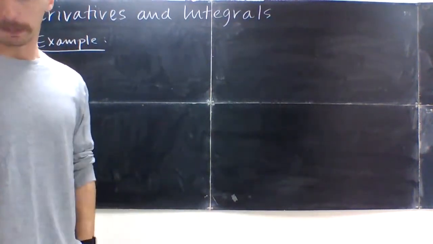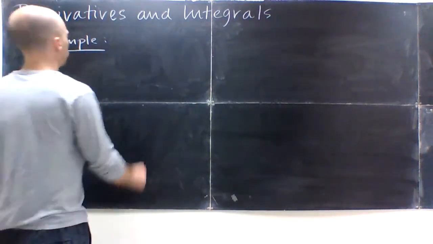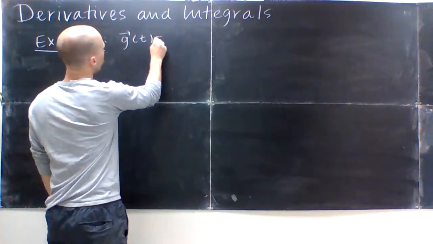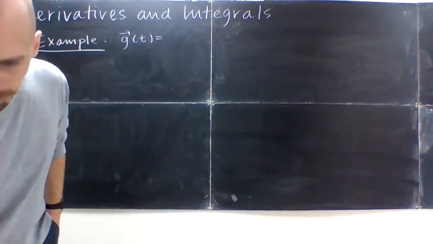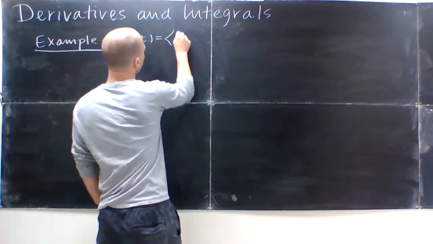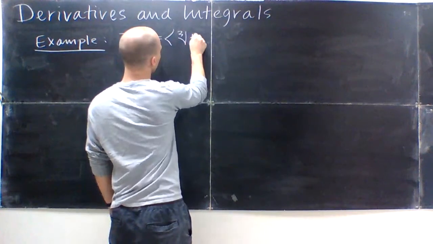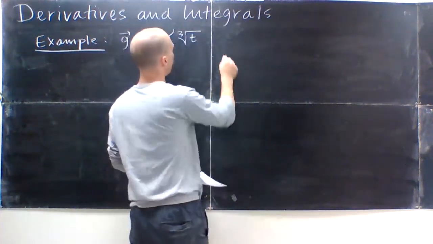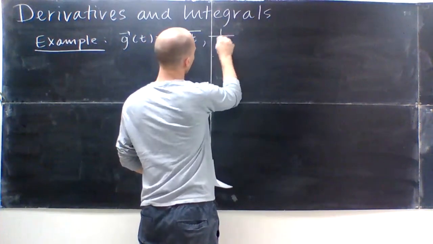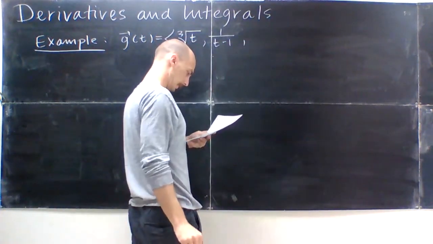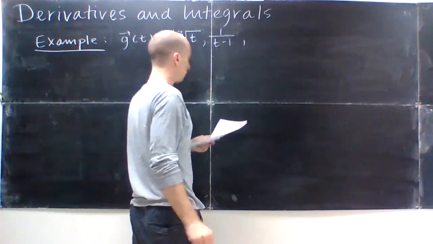So, suppose I've got g of t equaling cube root of t, 1 over t minus 1, and 1 over t plus 1.